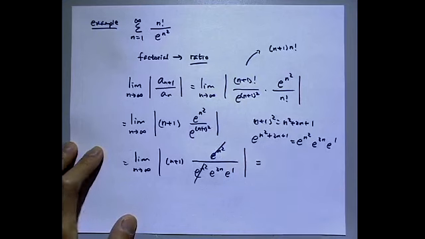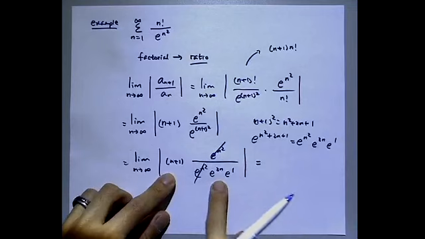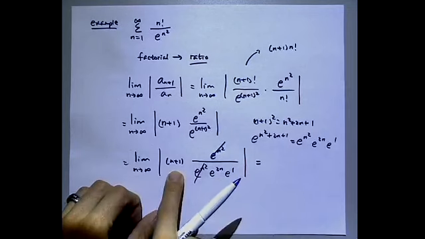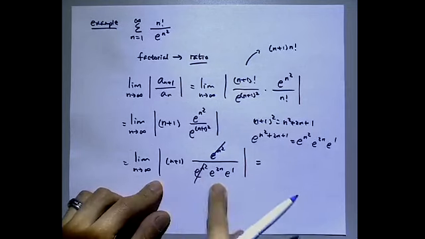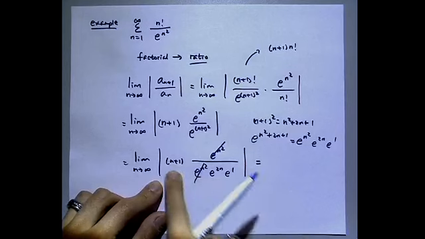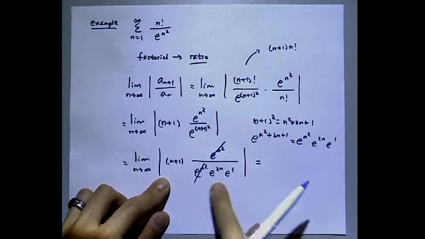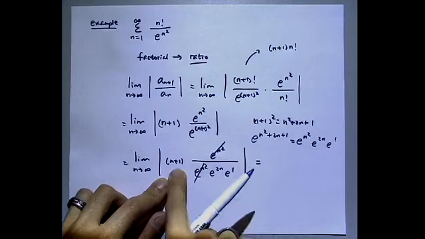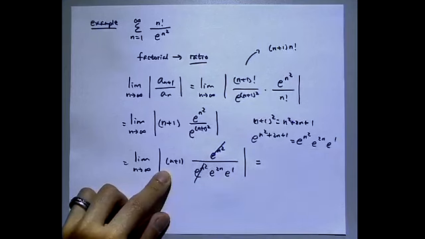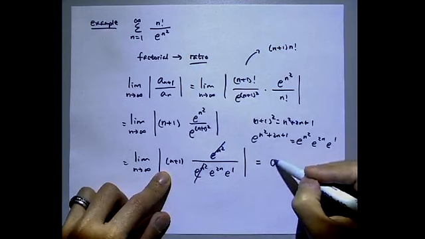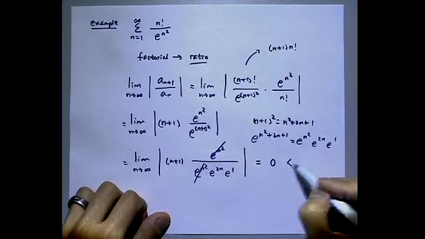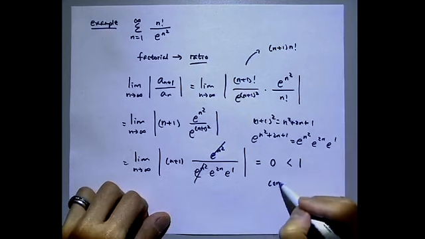And now we have a very clear answer. We know exponential always dominates algebraic. This is dominating that by a whole lot. These things grow so much faster. So this is going to blow up. This will blow up at a slower rate. Therefore, this will eventually go to 0. That's less than 1. So this is going to converge.